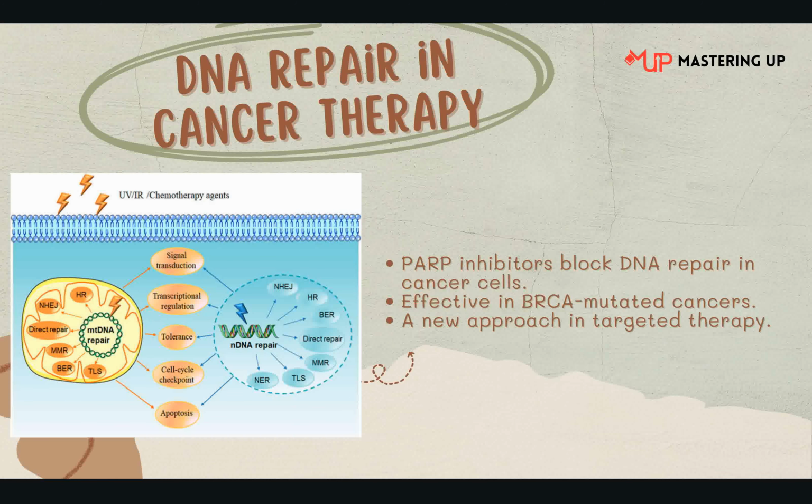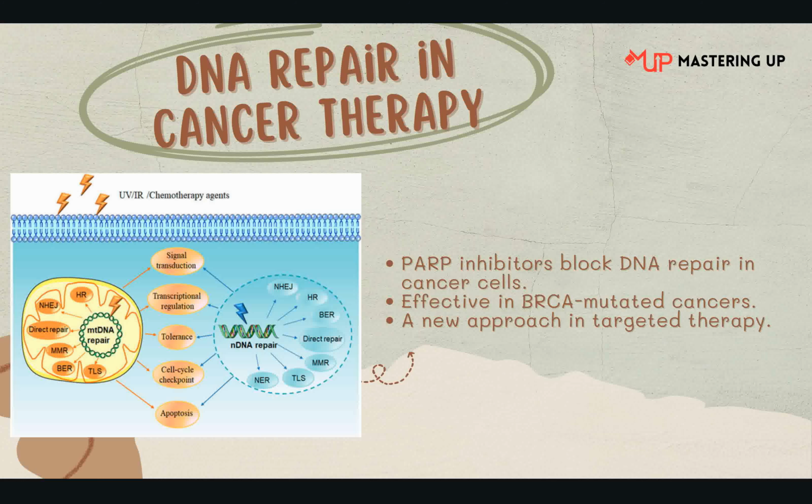DNA repair in cancer therapy. Interestingly, some cancer therapies target DNA repair mechanisms. They use drugs like PARP inhibitors, which block the repair in cancer cells, causing them to die.